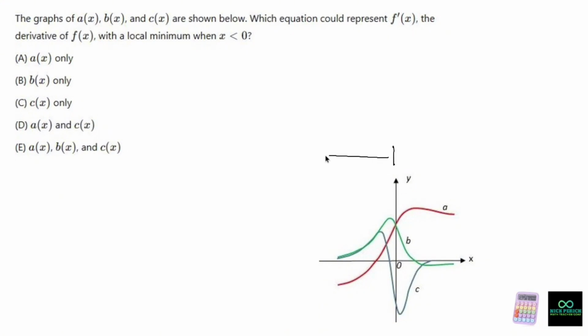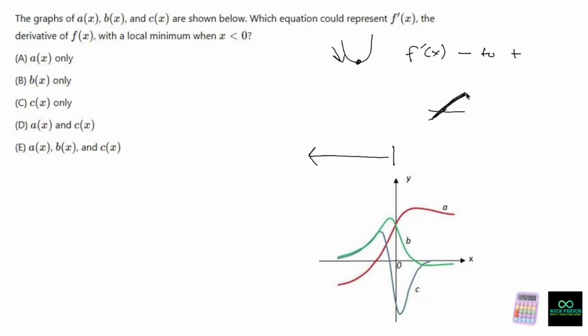If all of these could potentially be derivatives, then what we're looking for is a local minimum of f of x, which means the original graph looks like this, so its slope is negative, and the derivative goes from negative to positive. In other words, the derivative is going to cross the x-axis starting below it and then going above it.